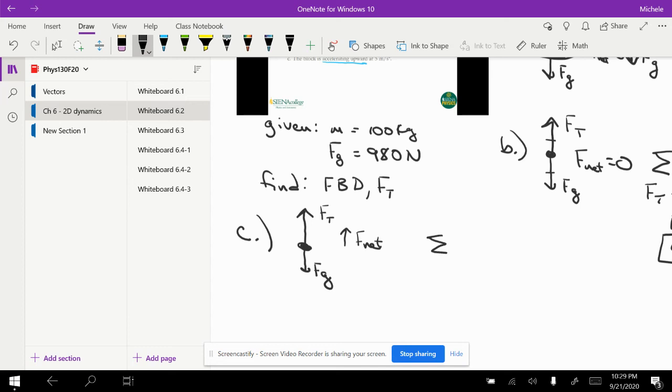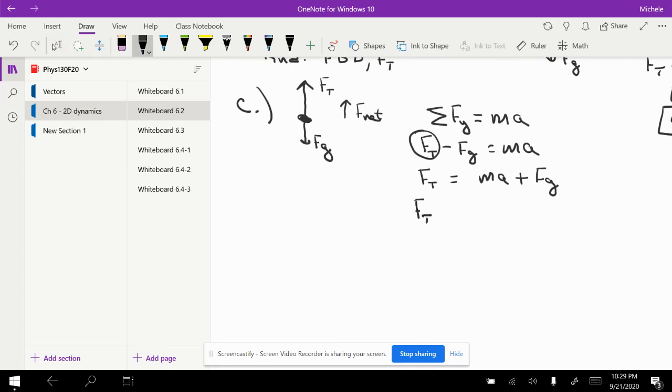So in my model, the sum of the forces in the y direction equals either 0 or ma, and since we have a net force, we have an acceleration, so we have ma. I have the same forces, so I still have force of tension up minus the force of gravity down equal to ma. I'm solving for the force of tension, so I add force of gravity to both sides. So the force of tension is equal to ma plus the force of gravity.